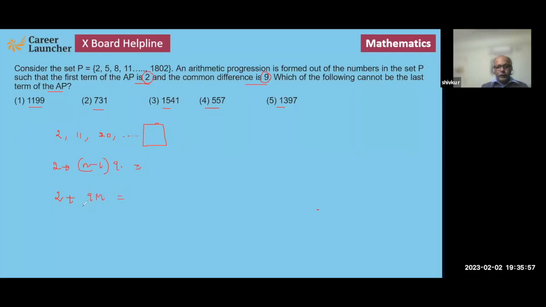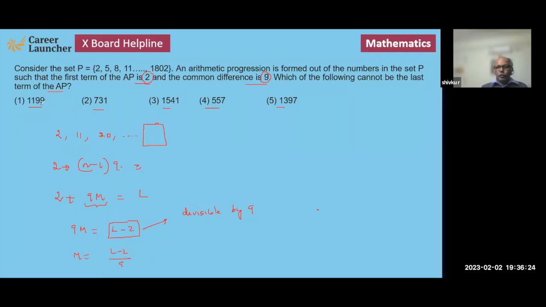I'll write it as a multiple of 9. This must be equal to my last term. Now I have to go and look at the choices. So my last term L minus 2 should be divisible by 9, because n minus 1 is an integer. So L minus 2 should be divisible by 9.